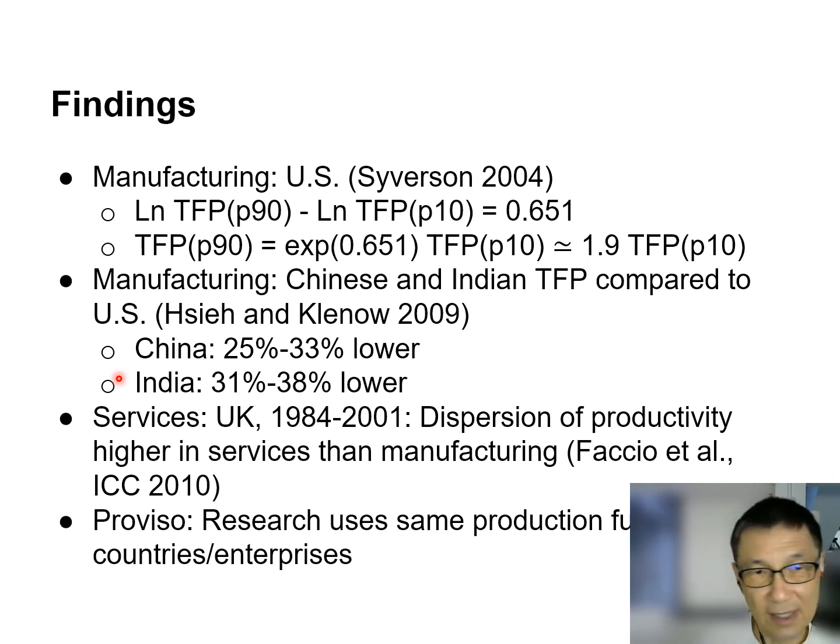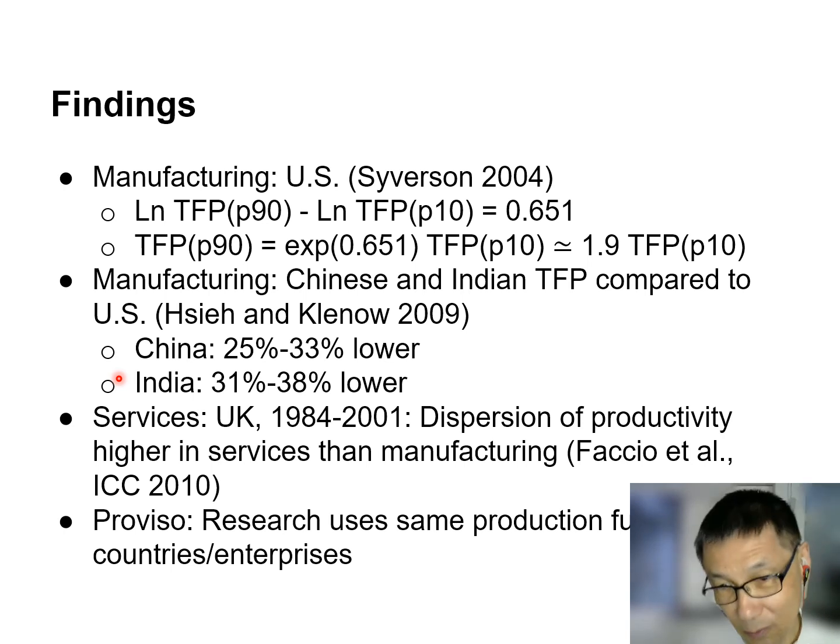So from the Syverson study, we know that there's enormous variation in productivity within industry, within the US. Here we find that there's also substantial variation within industry, across countries.